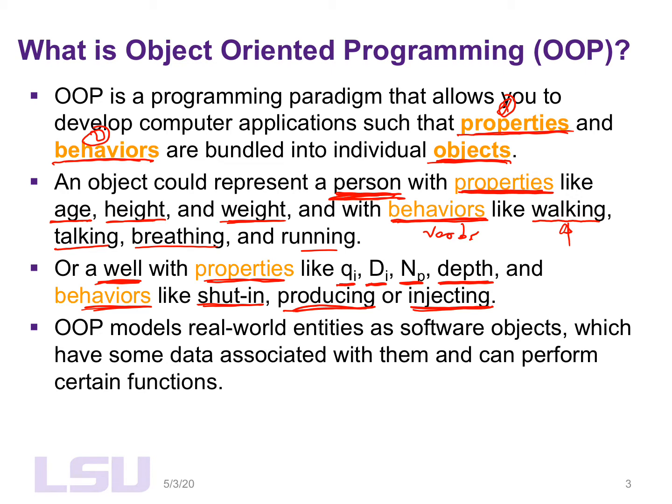So object-oriented programming models real-world entities as software objects. So whenever you want to write a code, you think about the real-world entities, the nouns in the problem description, meaning like we're trying to model production rate for the production decline for all the wells in a field.